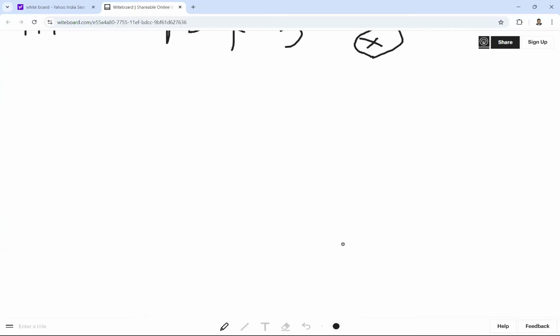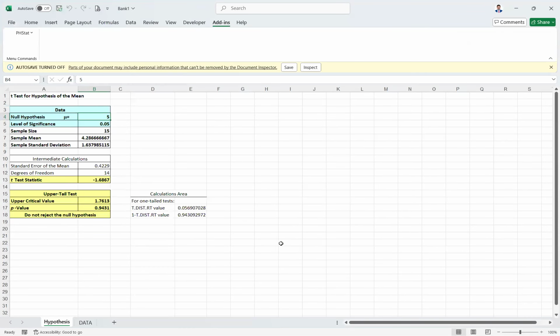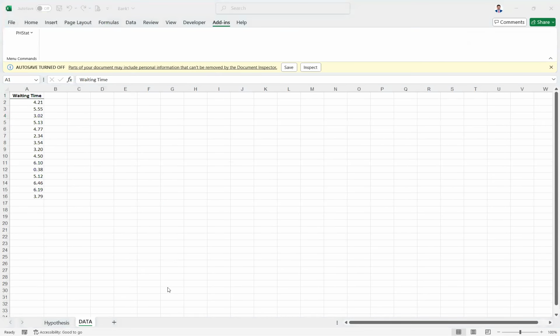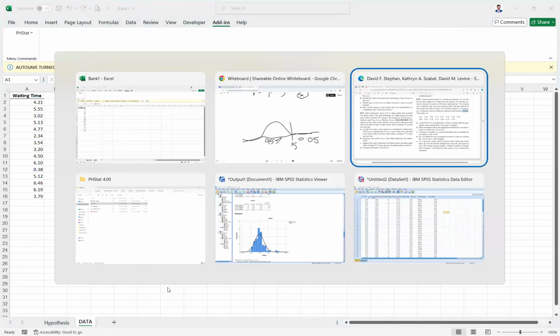Now, do you understand why we are taking the upper tail? I hope you understood. Yes, boss. Should we not take the lower tail? Because see the values, we're interested in the lower values, right? No, they are asking, is there evidence that it is less than 5.